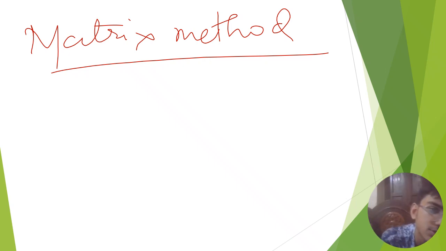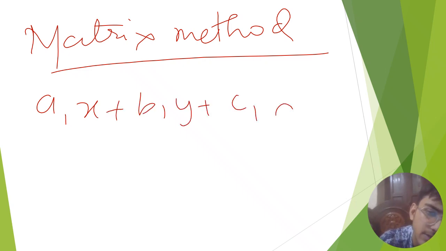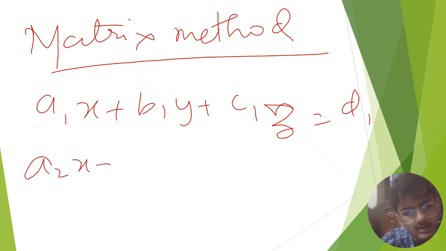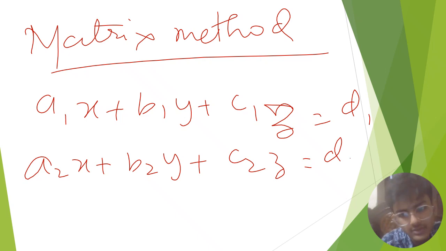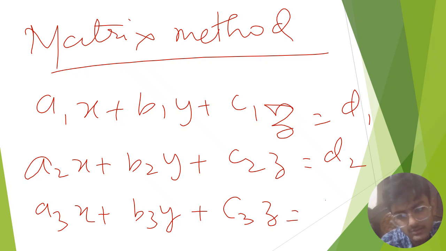Okay, so just see: a1x plus b1y plus c1z is equal to d1, a2x plus b2y plus c2z is equal to d2, a3x plus b3y plus c3z is equal to d3. Now we just have to name three matrices, A, X and B, in the following way.